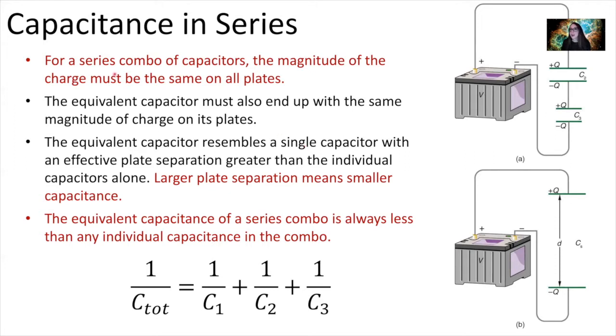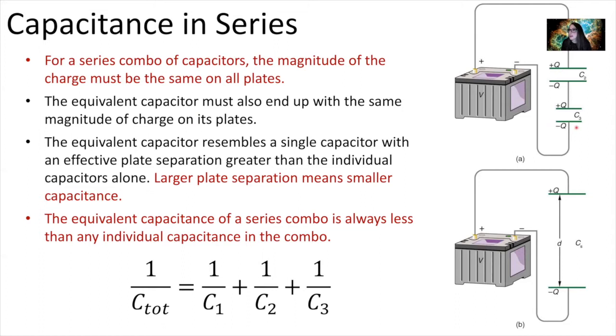For a series combination of capacitors, here we have two capacitors in series, the magnitude of the charge is the same on every plate of the capacitors in series. The equivalent capacitance, so the total capacitance of these in series, must end up with the same magnitude of charge on its plates.